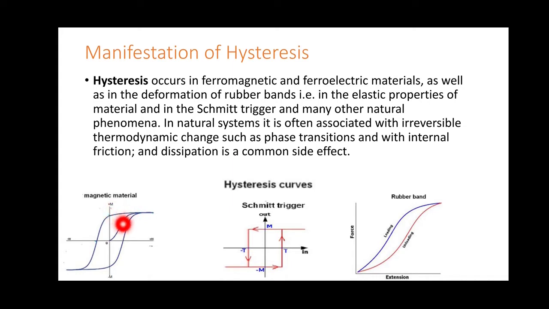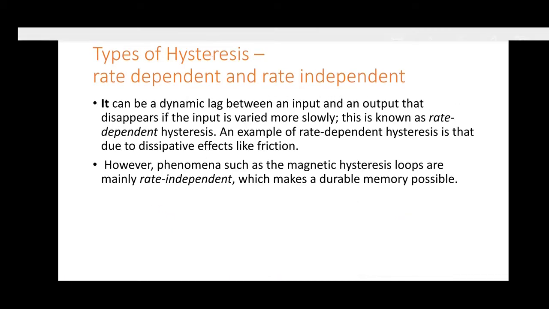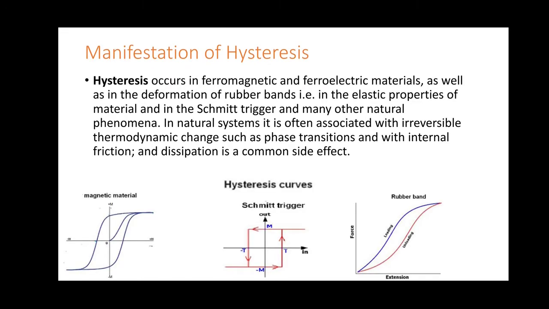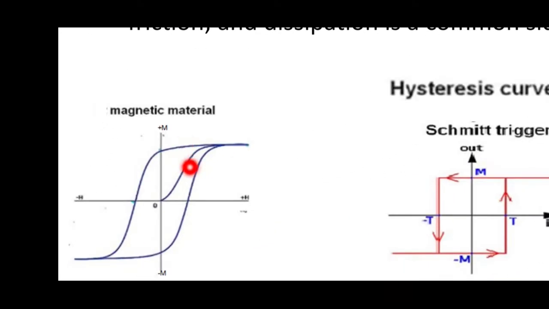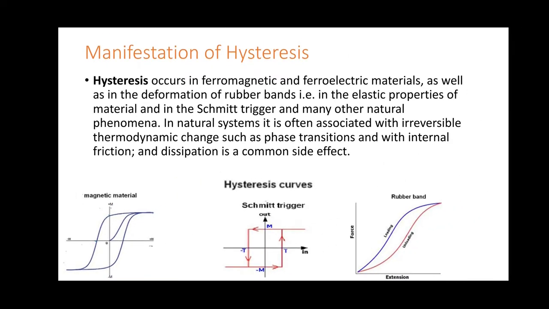It may be possible that when H equals 0, M reaches here. If instead of increasing H up to this value, we decrease M previously before here, the curve goes to this and then returns. So it depends on the history.